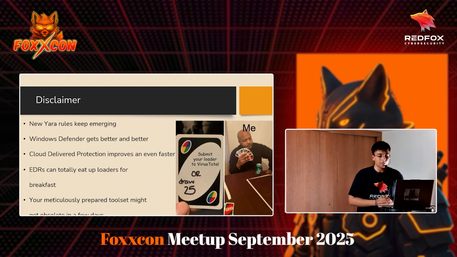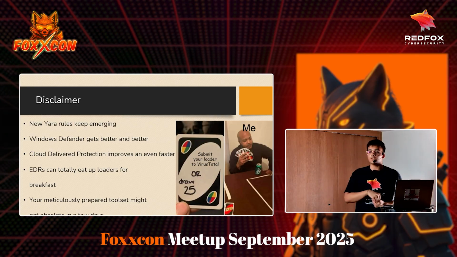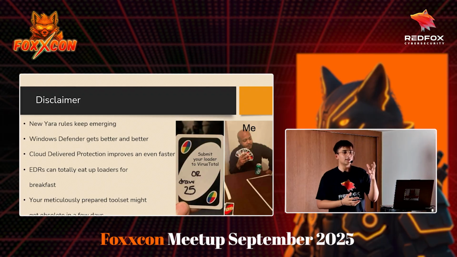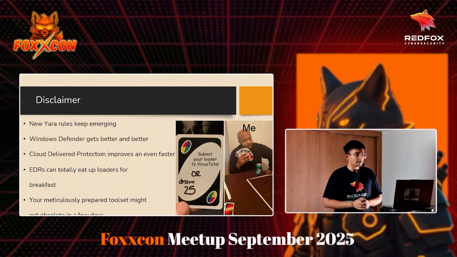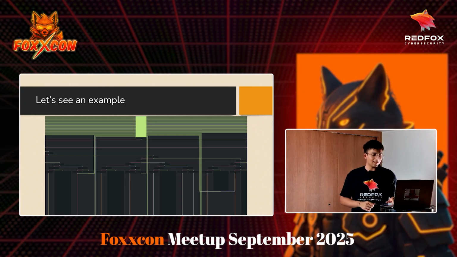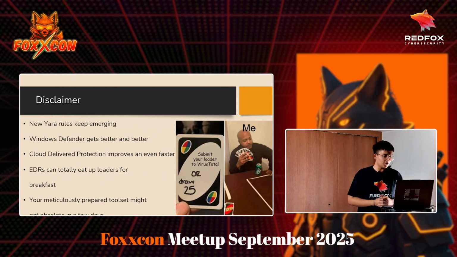But to keep relevant in the space, you have to be on top of every new way that a malware author is writing their own malware. And that might lead you to reading a lot of assembly code that kind of looks like this, but sometimes you just have to do what you have to do.